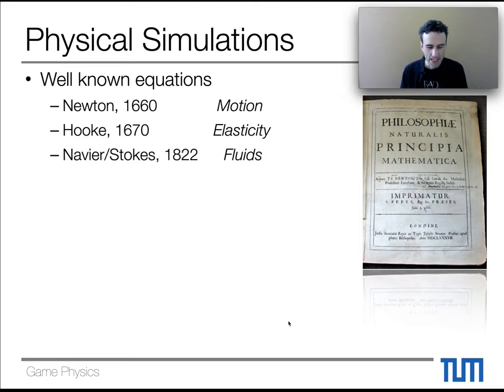A bit newer, but still almost 200 years old, is a model of fluids, and around a similar time also electromagnetism, Maxwell, and so on. There were a couple of developments in the physical field. So point being, the physical models, the equations, are really old.